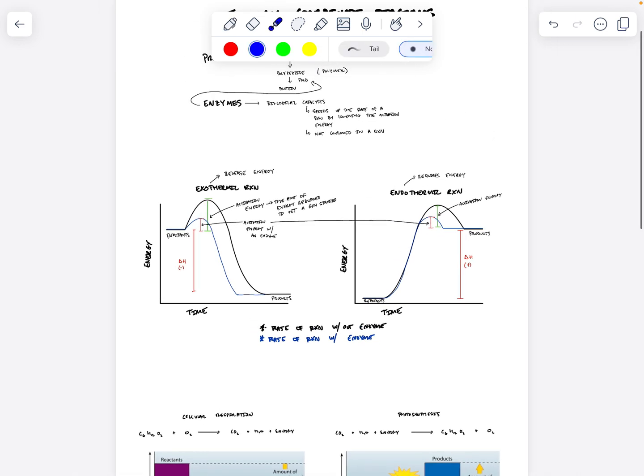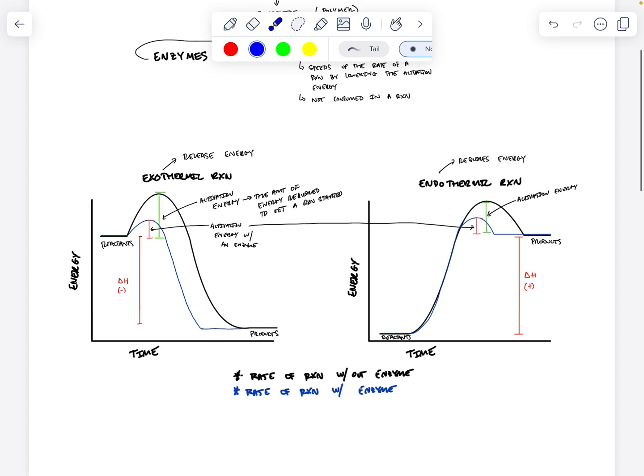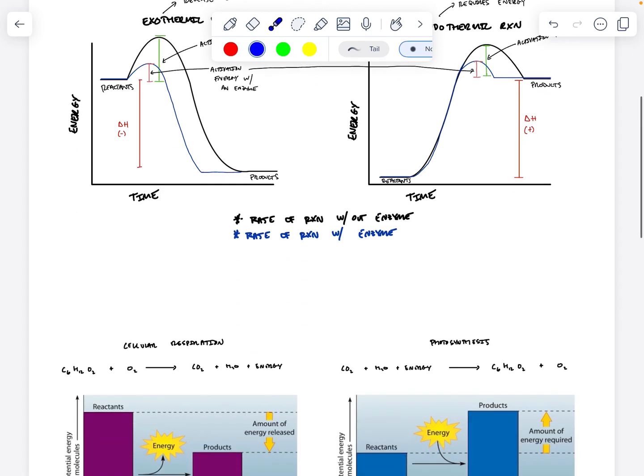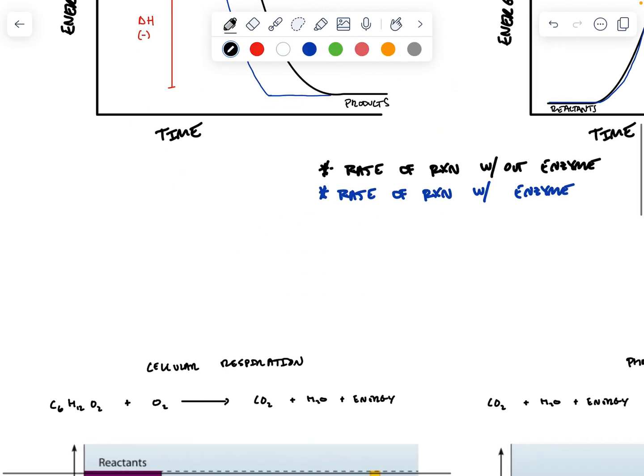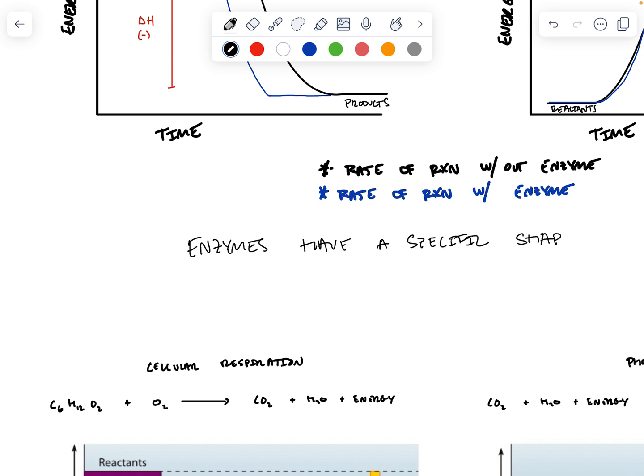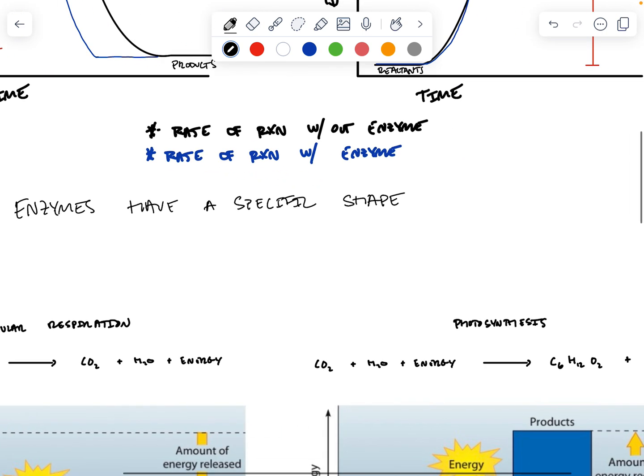Well, you saw in class today that enzymes have a specific shape with an active site.